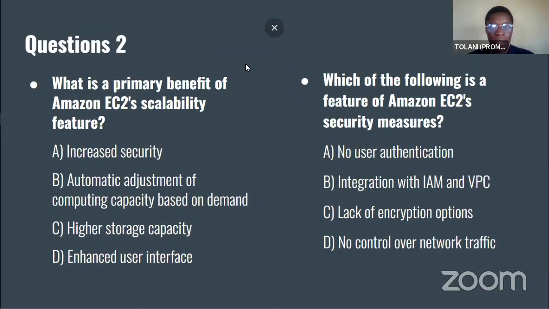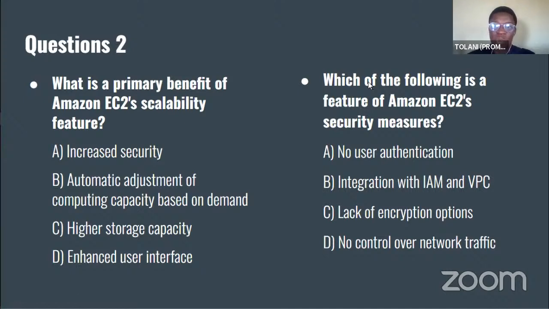Can you hear me? Okay, I can hear you. B. Okay, B, yes, thank you very much, I think that should be Kolawole. The answer is automatic adjustment of computing capacity, because it helps you to scale in and out based on demand. That's correct. The answer is B.